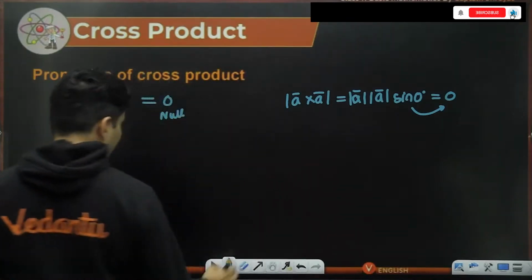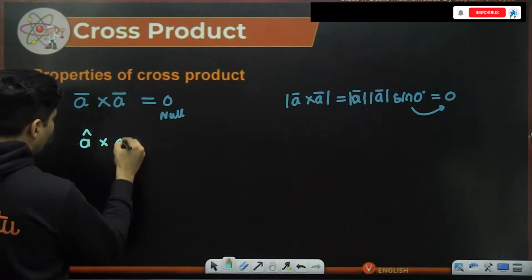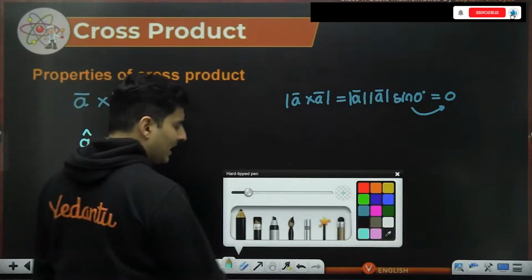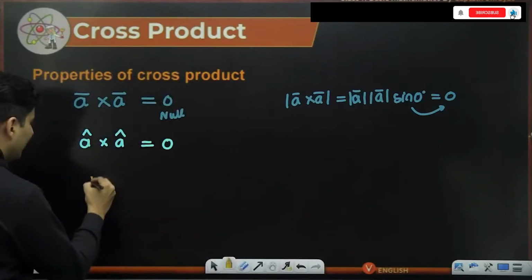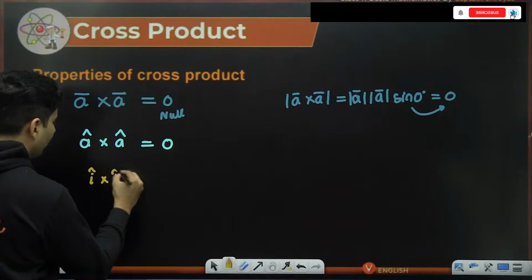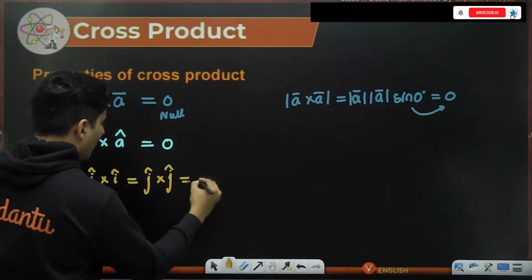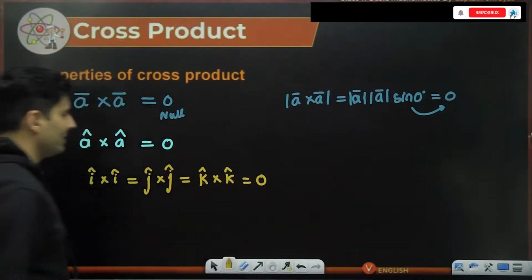Not just this, even if I do any unit vector cross itself, it will be a null vector. Even our specific vectors like I cross I or J cross J or K cross K, all of them will be 0.